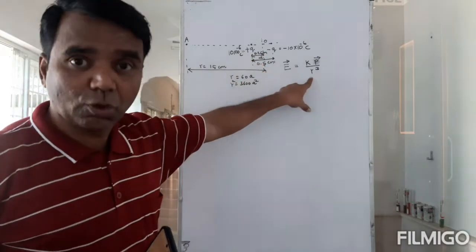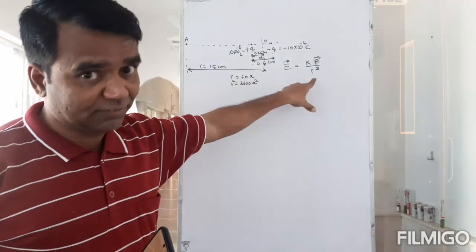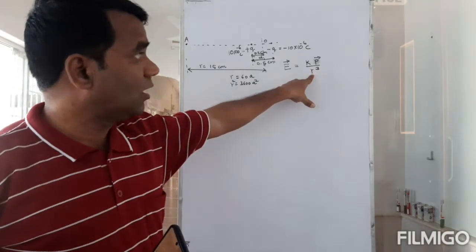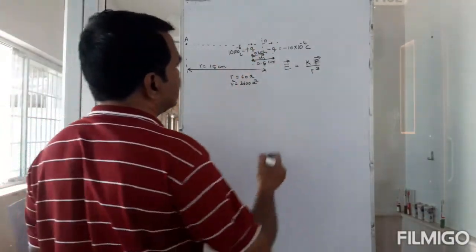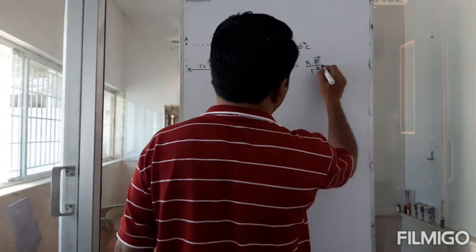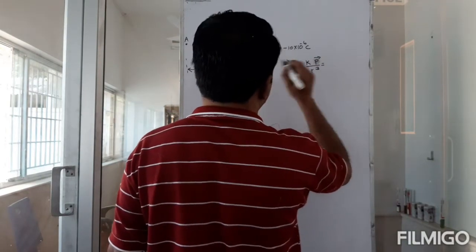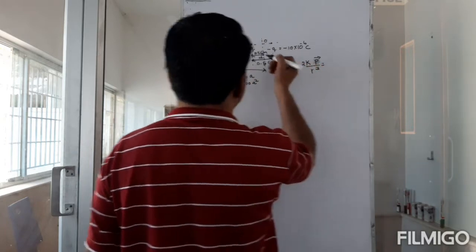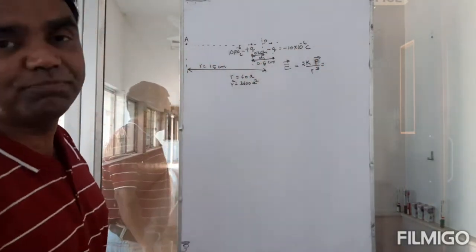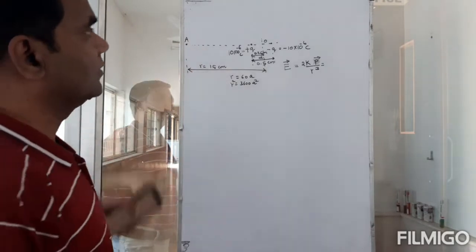So this equation should hold good. This is what we already derived, KP by R cube. So if we just plug those numbers in, what am I going to get now? It's 2kp by R cube around this.